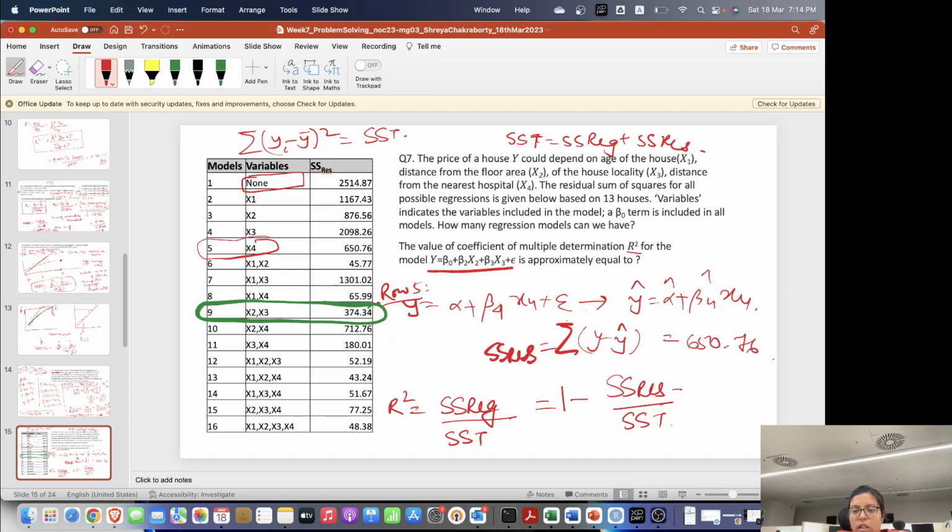So, then we will just plug in values. This will be 1 minus 374.34 divided by the sum of squares total, which is what we get when we did not fit any of the regressors. So, that is 2514.87. So, what is this value coming out to be?